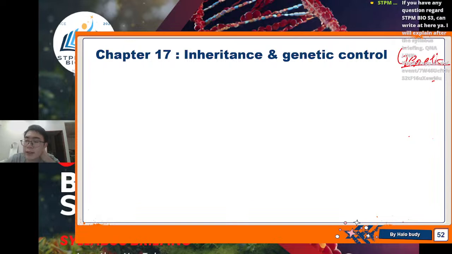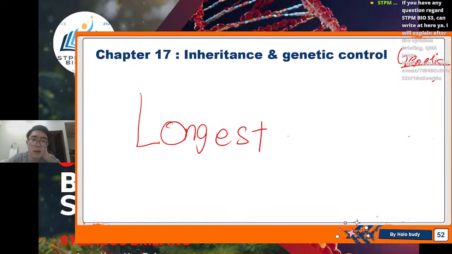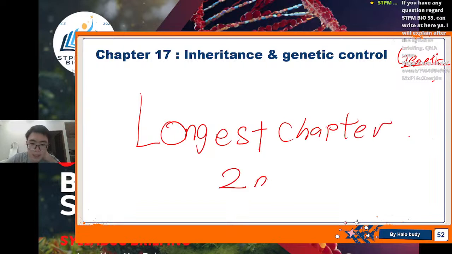Genetic thing lah. And this chapter, I can say it is the very long chapter. Longest chapter. Normally, your school teacher needs 2 months to teach, finish. And also, it is the hardest chapter because normally what you will learn is totally new to you.